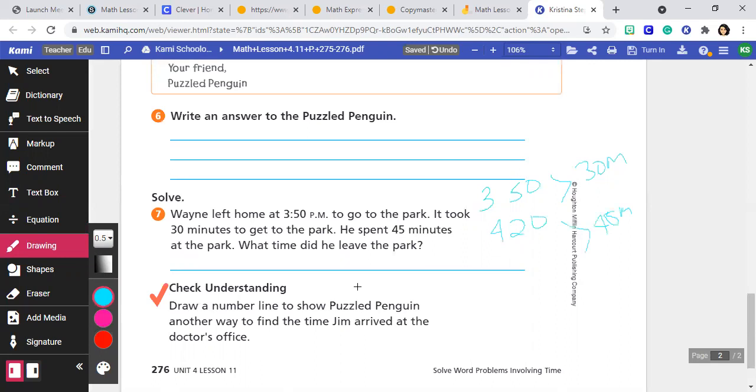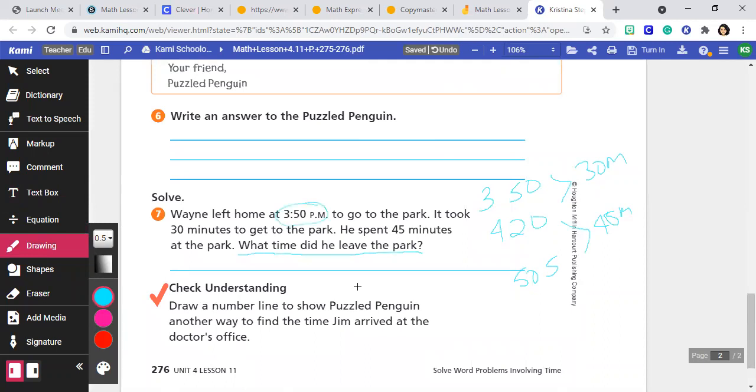It does. So if he spent 45 minutes at the park, from 4:20 to 5 o'clock, that's 40 minutes. So 5 more minutes would be 5:05. So I think he left the park at 5:05.